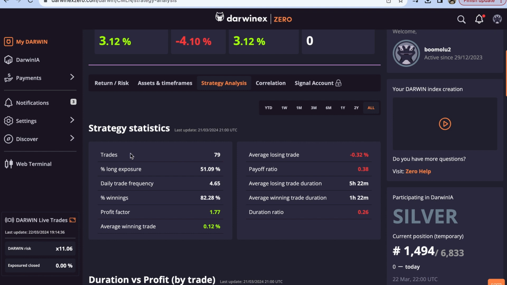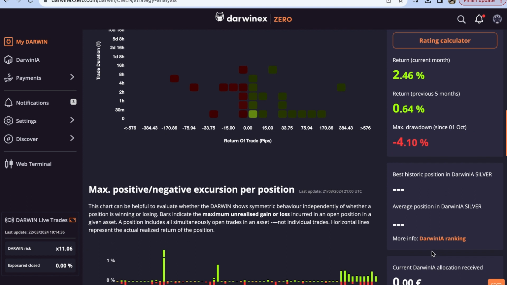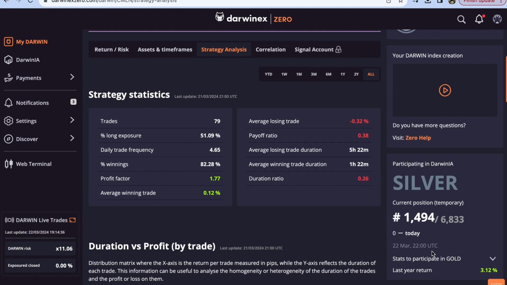Okay, so number of trades, 80 trades, profit factor 1.77, which is pretty good, about 4 trades a day, right? And this is the length of the trades and everything. So out of a list of 6,000 traders, I am number 1494, which is pretty good, pretty good numbers and everything.